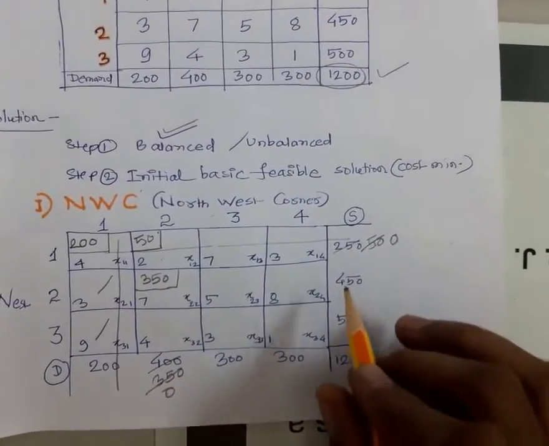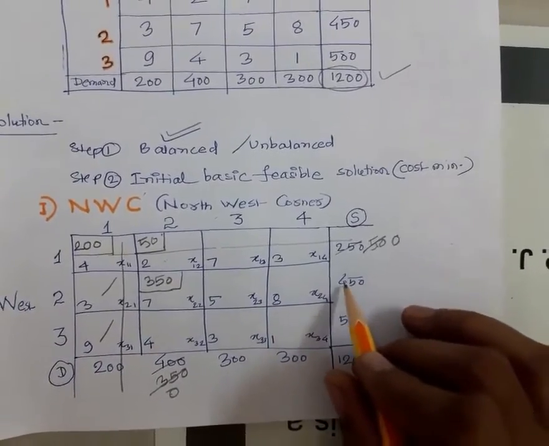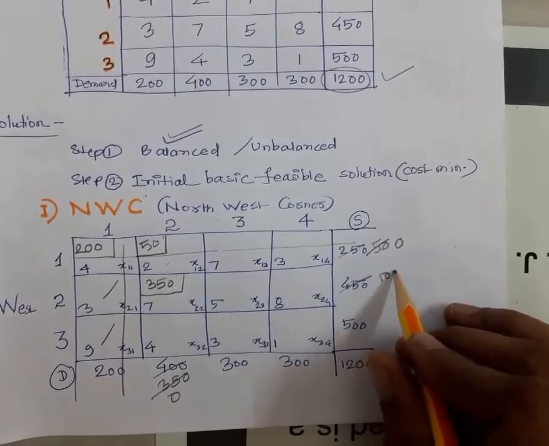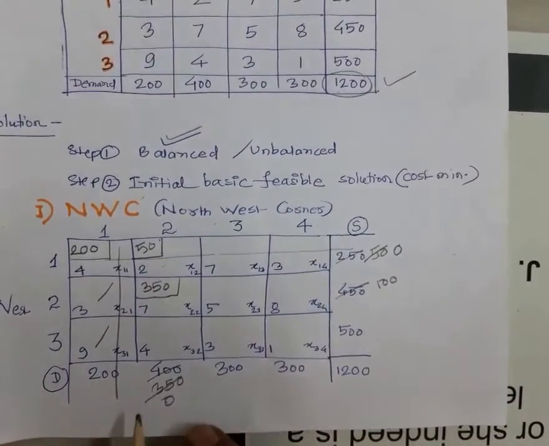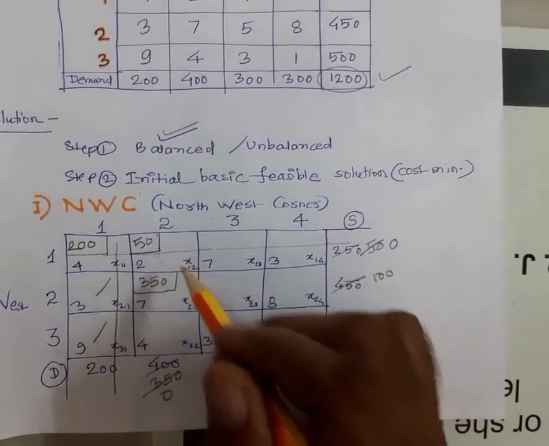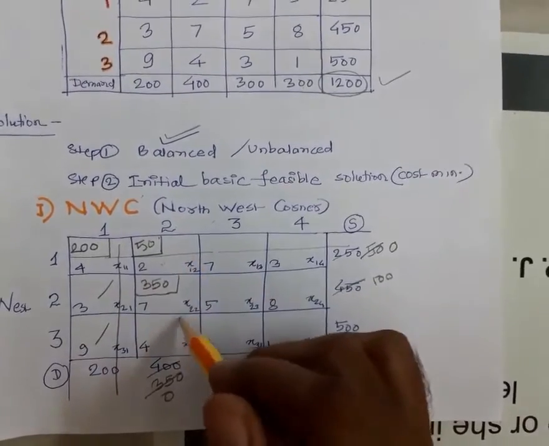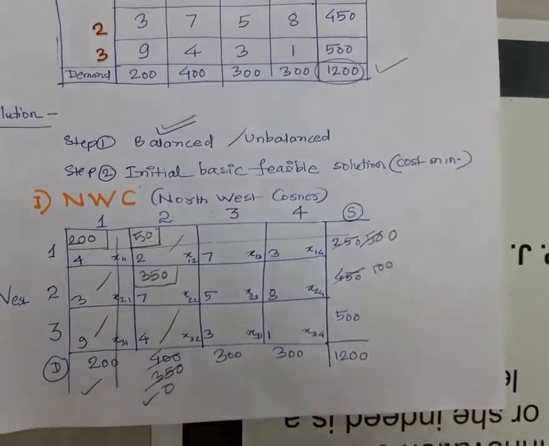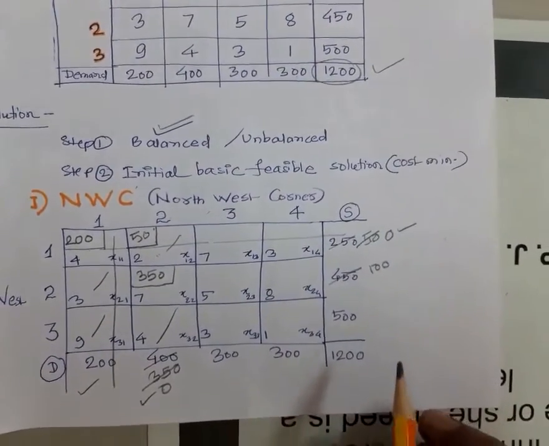Now this will be after 350, that means 450 minus 350, this will be 100. Just delete the second column because this is already covered. This is also covered, this is covered, this is also covered.